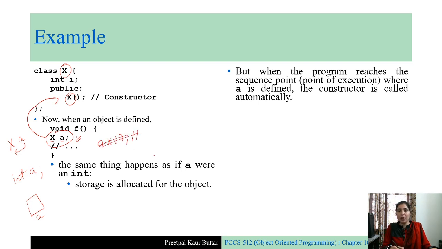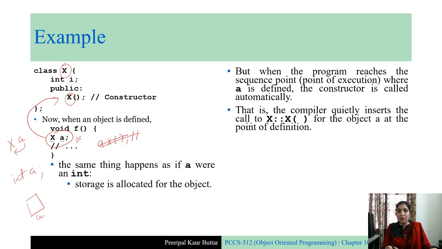You do not need to write it. The compiler quietly inserts the call to X scope resolution X. It means we are calling the X member function of class X, where the X member function is the constructor for object a.